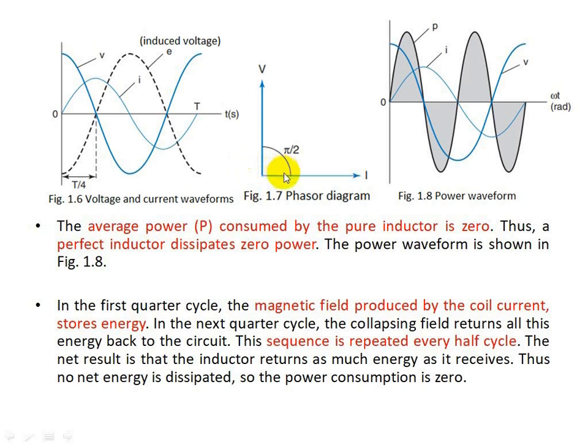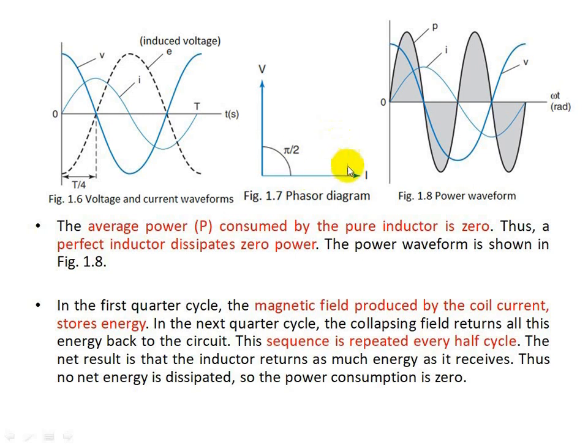So this is shown in the phasor diagram. In the phasor diagram, you can see current and voltage phases are marked and their angle is shown as 90 degrees. Here the voltage phasor makes an angle of 90 degrees with respect to current in the anti-clockwise direction. If the angle is measured in anti-clockwise direction, then we say that voltage leads the current by 90 degrees.